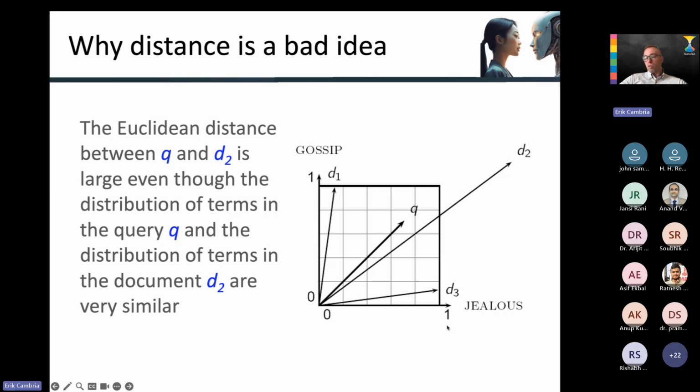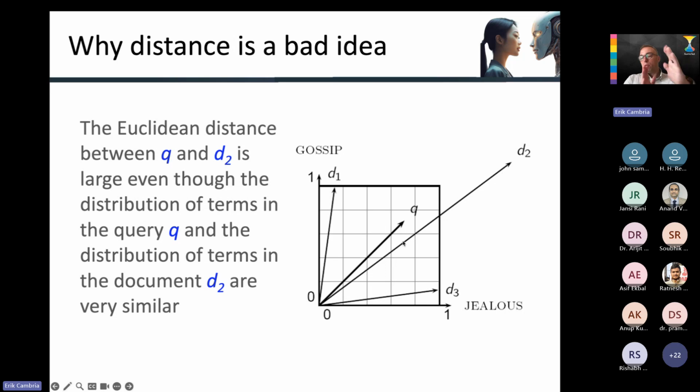Instead of 3D, we are just in 2D, and our dimensions are simply jealous and gossip. So most likely this query is jealous gossip, and D2 is the correct answer because it contains maybe a good quantity of these 2 words. If I calculate the Euclidean distance between this point and this point, I get probably that it's bigger than the Euclidean distance between these 2. And that's exactly why in these vector spaces, we don't use Euclidean distance, but instead we look at the angle between vectors.